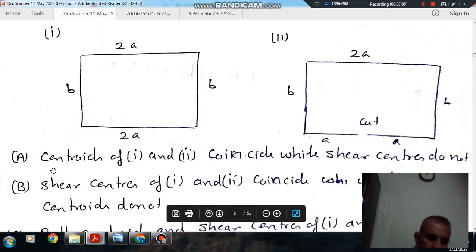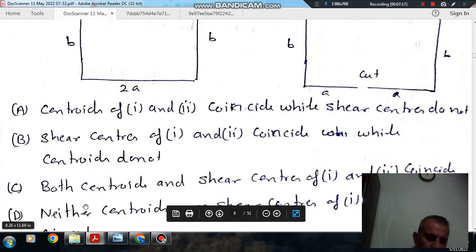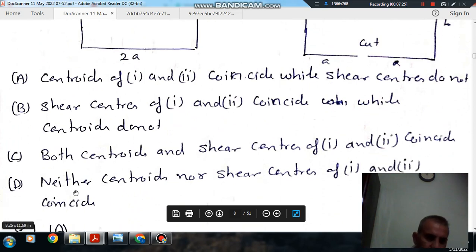Option A, centroid of 1 and 2 coincide while the shear centers do not coincide. Option B, the shear centers of 1 and 2 coincide while the centroids do not. Option C, both centroid and shear center of 1 and 2 coincide. Option D, neither centroid nor shear center of 1 and 2 coincide.